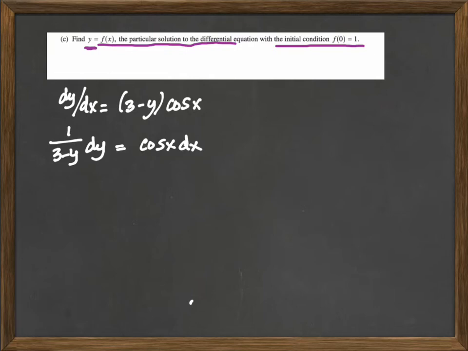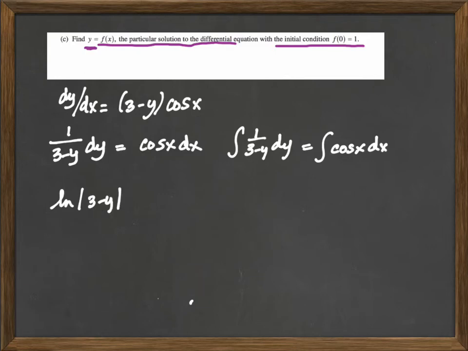So make sure you separate your variables, because you know they always give you a point for that. And then we're going to integrate both sides. So the integral of 1 over (3 minus y) dy is equal to the integral of cosine x dx. So that would be ln of (3 minus y) equals, taking the antiderivative, just sine x plus c. And you're going to get a point for those. You know you always do.